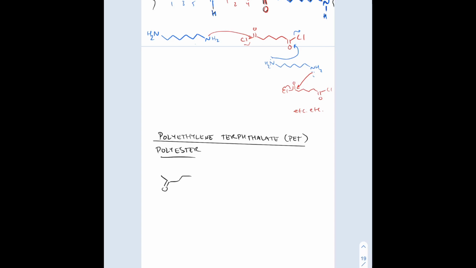So polyethylene terephthalate, or PET, is a polyester that we see in everything, right? And it looks fancy. It looks like this. So since it's a polyester, what we want to think about is what an ester is made of.